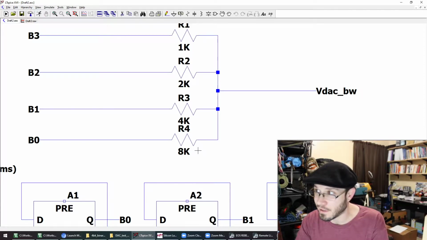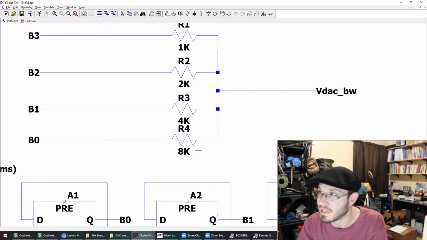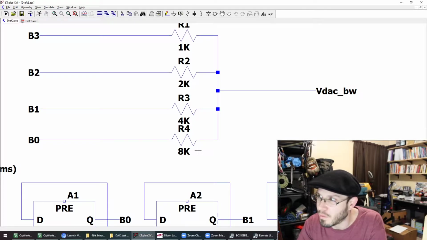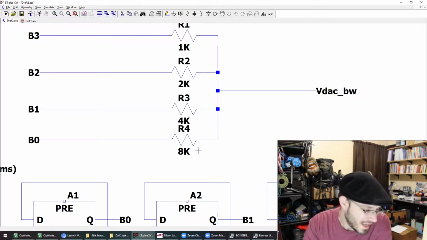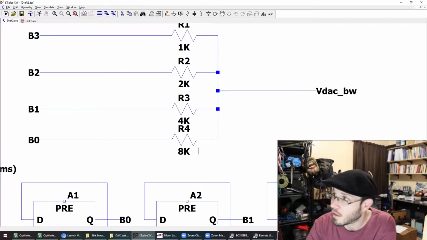Good luck finding all those values. Now, you could go ahead and construct those values out of other smaller resistors, and I can take 2 and put them in series, or put that in parallel with something else to try and get that precise resistance value that you need to make this work. But generally speaking, that's not very practical if you're trying to make a product.